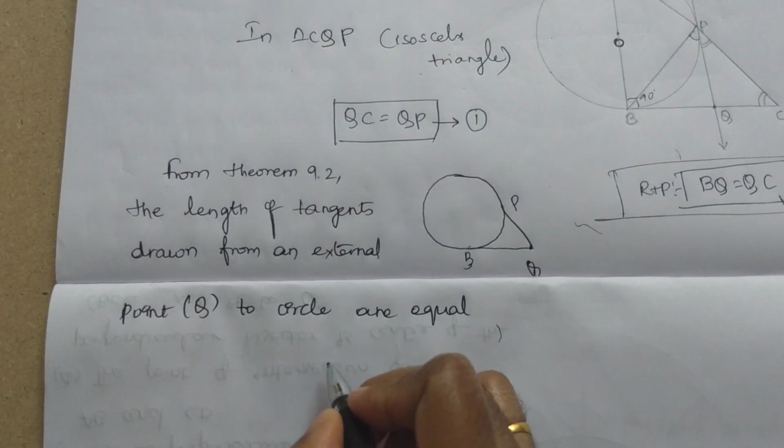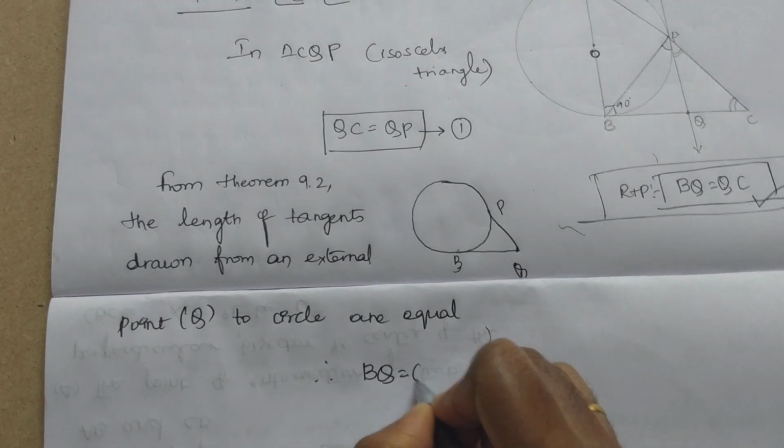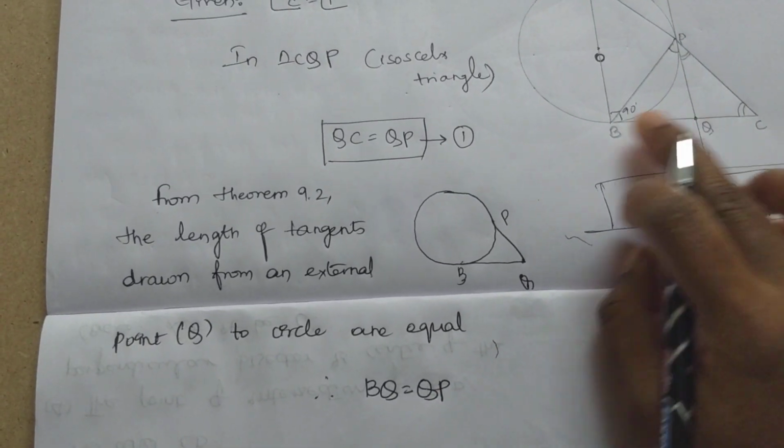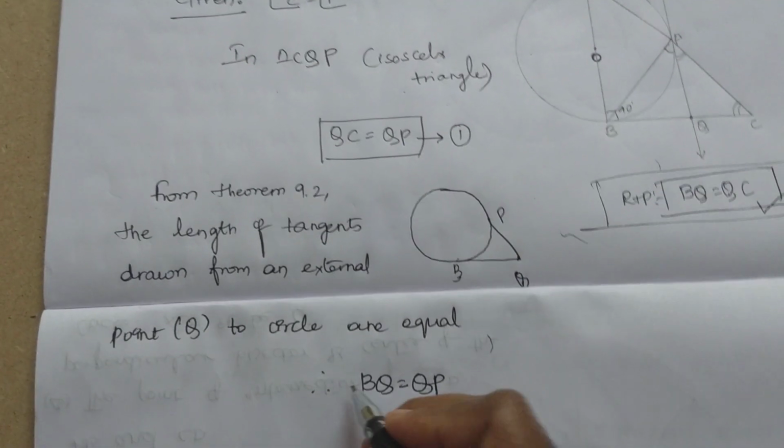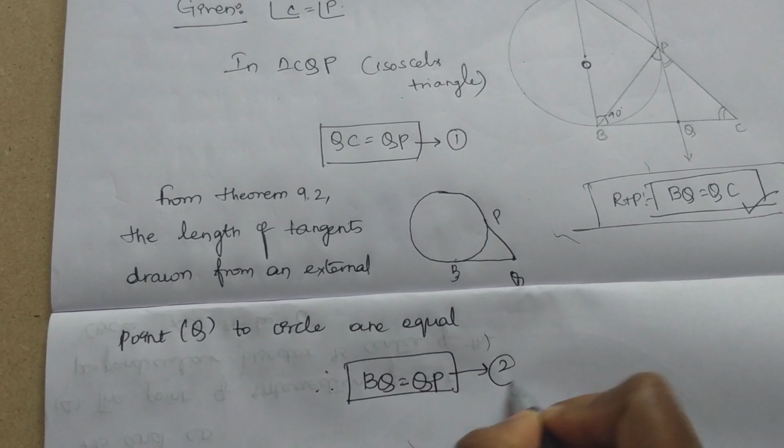Correct? So what can we write here? Therefore BQ equals to QP. Can I write BQ equals to QP? I am putting this as equation 2.